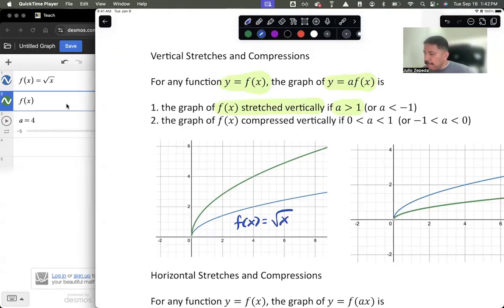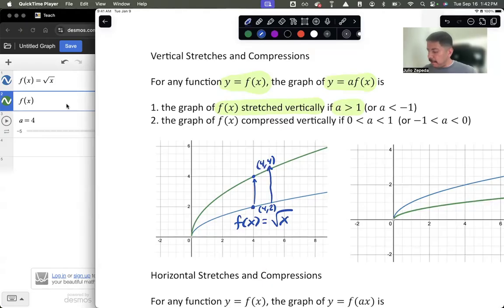And so if we want to make f of x twice as large, remember we had the point 4 comma 2. If we want the output to be twice as large, we can just multiply f of x by 2, and that will give us the new point 4 comma 4. Right? This y value became twice as large.